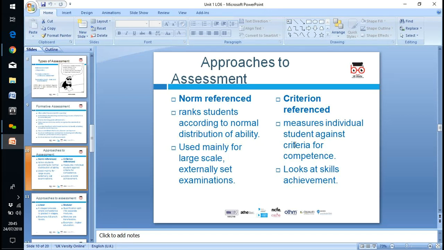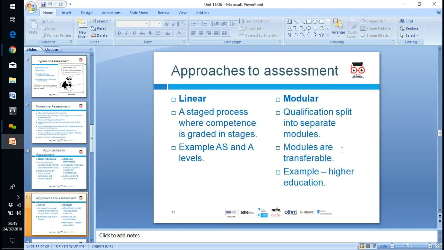So it's a measure against criteria for competence, and it looks at skills and achievement. Again, it's a stage process where competence is graded in stages, for example, AS and A levels, and modular. Qualification is split into separate modules or units. Units are transferable, for example, higher education, which is what we're doing now. Let's say, for some reason, you couldn't finish this qualification.